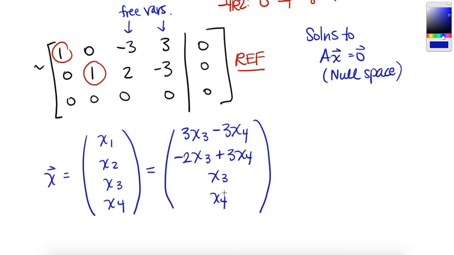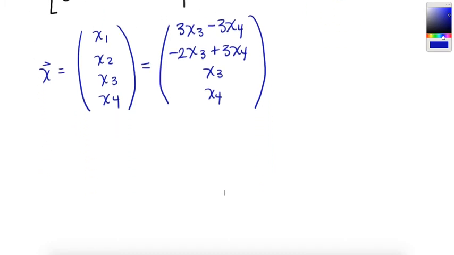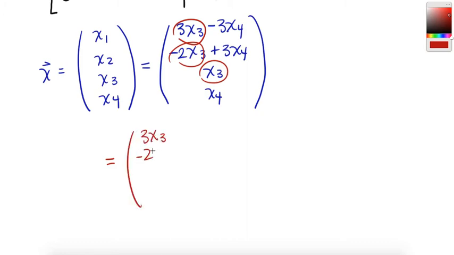All right, great. So now we have this written out. It's not quite in parametric vector form yet. What we have to do is split this up into the x3 part and the x4 part. So this piece, this piece, this piece are all going to go in a vector over here. Okay, and I'll just go ahead and write things all the way out. There's no x3 in the bottom part.